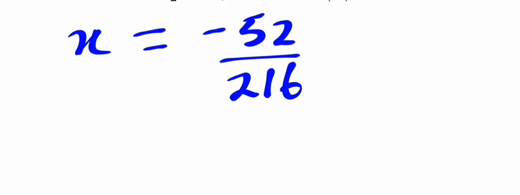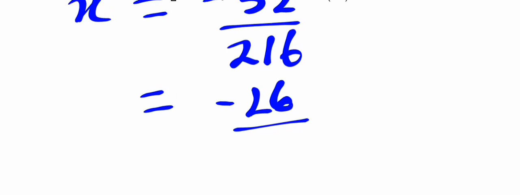And as you can see from here, 2 will go here. So when 2, that's 26, minus 26 over 2 go here, that's also 108. And also you can finally, 2 can go as well, and that will be minus 13 over 54. So therefore the final answer here is x equals to minus 13 over 54.